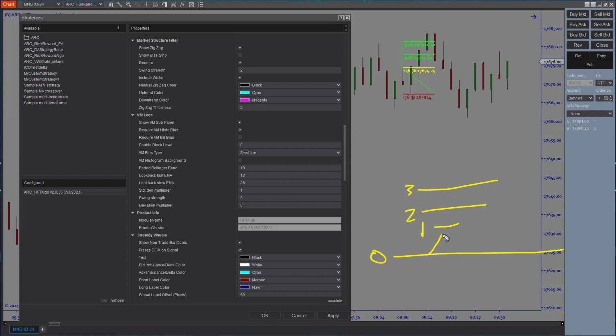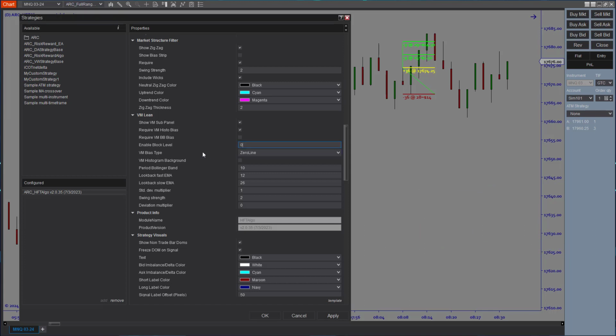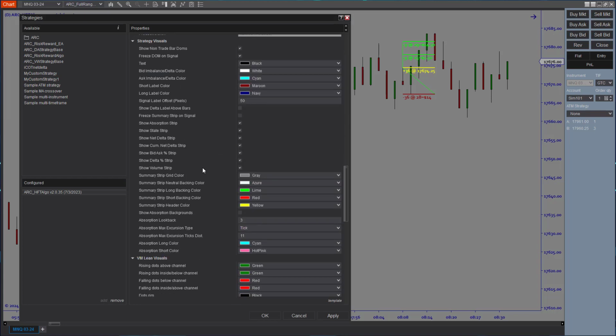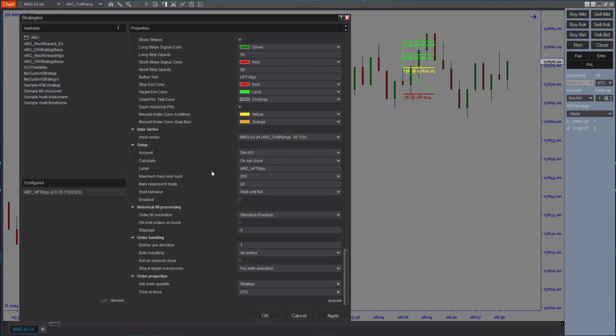What this is saying is if our histogram is above 1, it's not going to take a trade. If the histogram's above 2, not going to take a trade. So I'm going to leave that off as an overbought filter. We'll leave it off for right now. That's fine. And then, cool, let's go ahead and enable it.